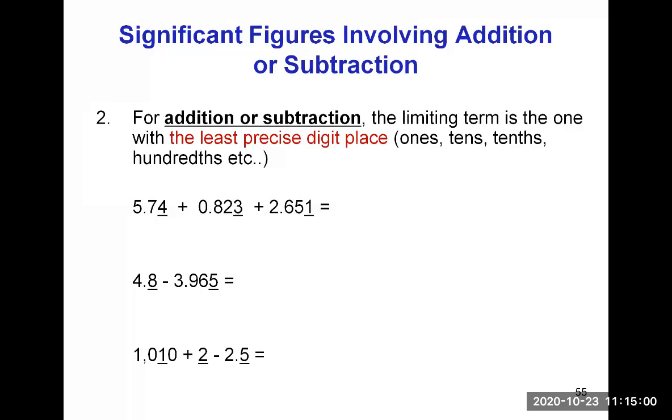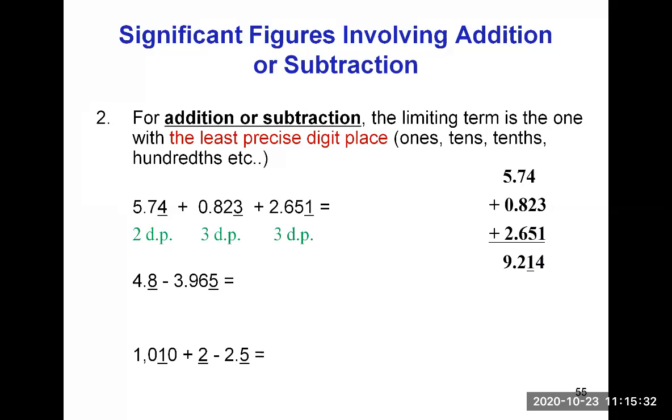First number has 2 decimal places. Second number has 3 decimal places. And the third has 3 decimal places. Another way to see that very easily is to add them up and align them according to their decimal point. So you align the ones, the tens, and then hundreds and thousands.